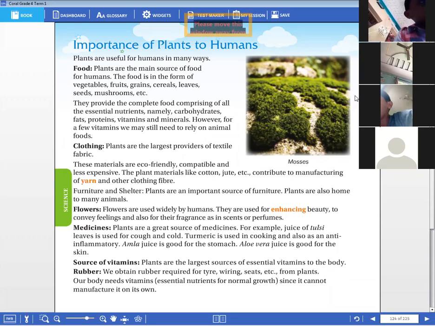Essential. Nutrients. Carbohydrates. Fats. Proteins. Vitamins. Minerals.